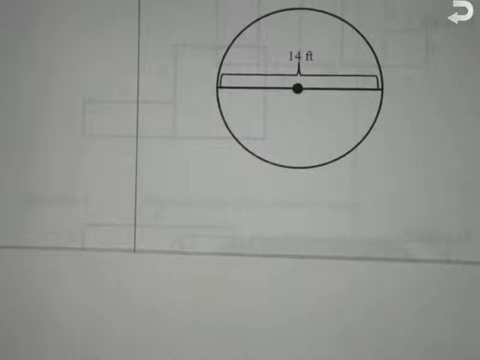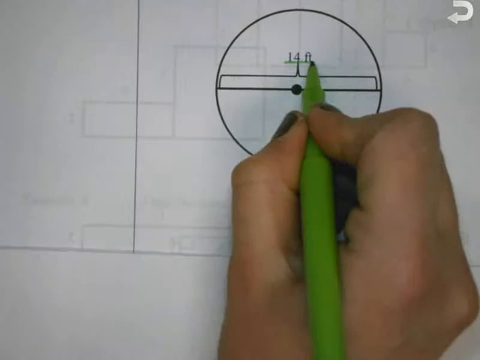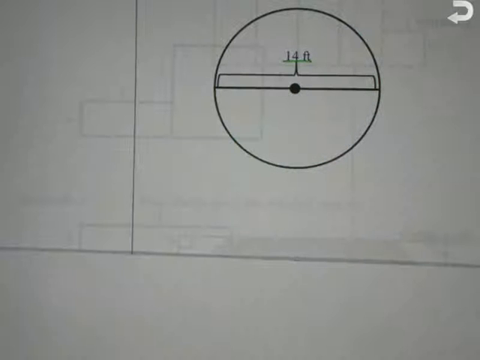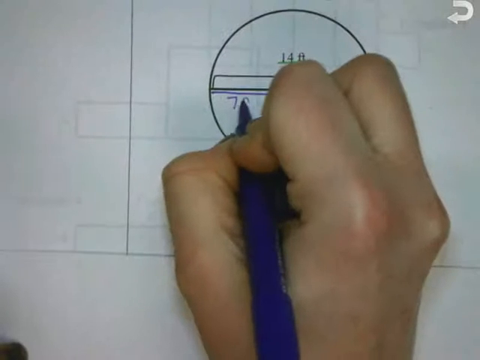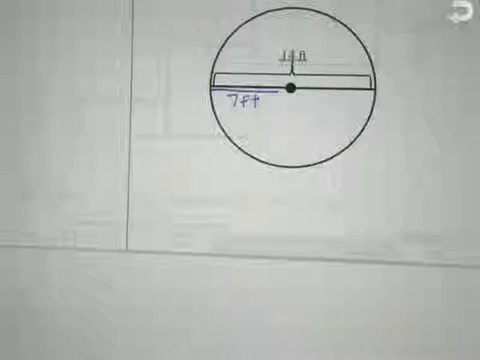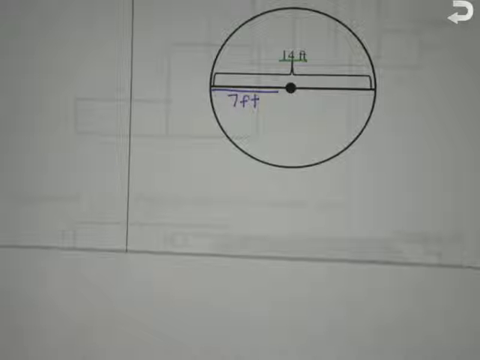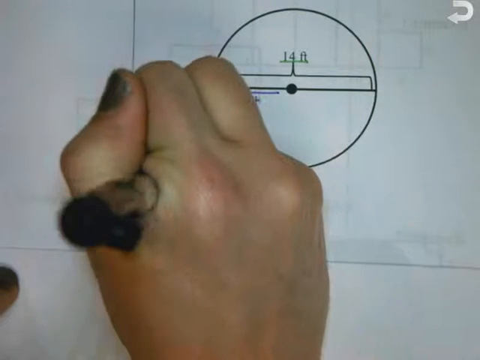Okay, area of my circle is equal to pi times r squared. So that's times 7 squared. So area of a circle. What is 7 squared, ladies and gentlemen? 49.